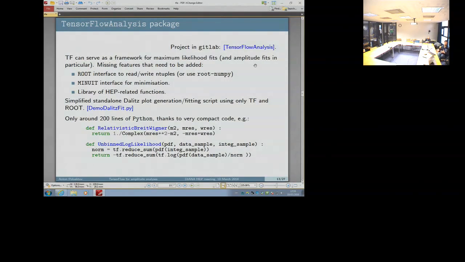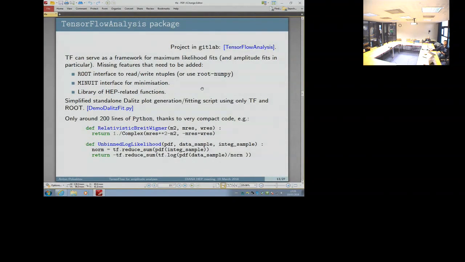You could use root_numpy, or there are some simpler functions in this package. There is a MinUI interface for minimization, and just a library of various HEP-related functions which you could use as the bricks to build your amplitudes. And then TensorFlow actually serves as a framework for fitting itself.